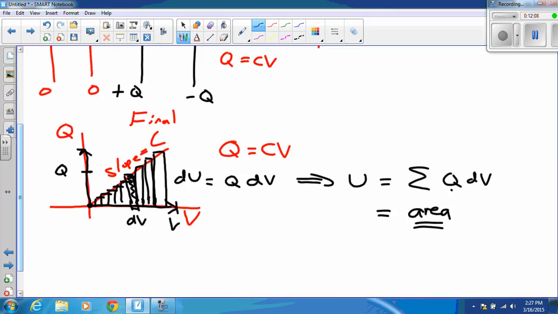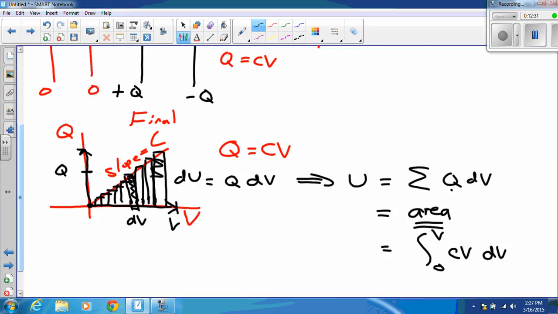Or, if you're in calculus, it's going to be equal to the integral from 0 to V of charge CV times voltage dV. And if you're in calculus, you can immediately compute that. But for the rest of us, let's take a look at the area, and then I'll come back to your question.